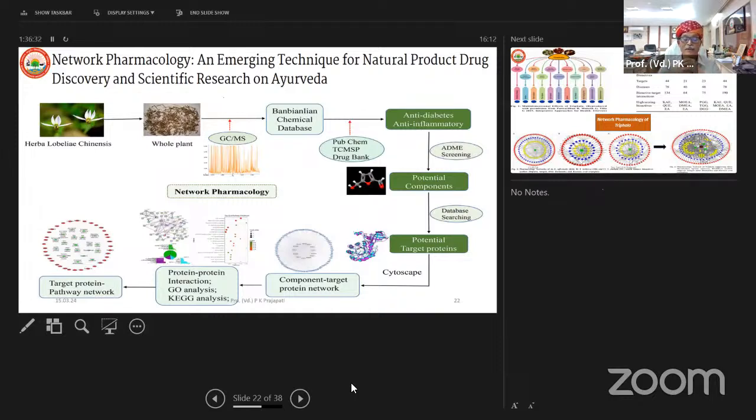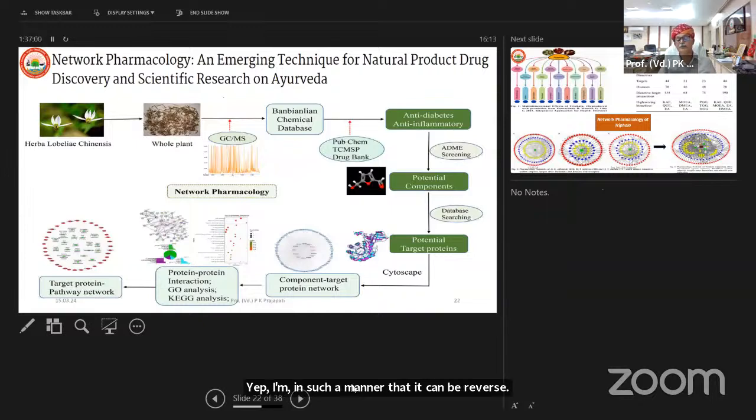So the component-target protein network is available, protein-protein interaction, GO analysis and KEGG analysis are also important. Target protein pathway network. At last, we can find the target protein pathway. If we can find the target protein pathway, then we can check the pathology, or treat it in such a manner that it can be reversed.